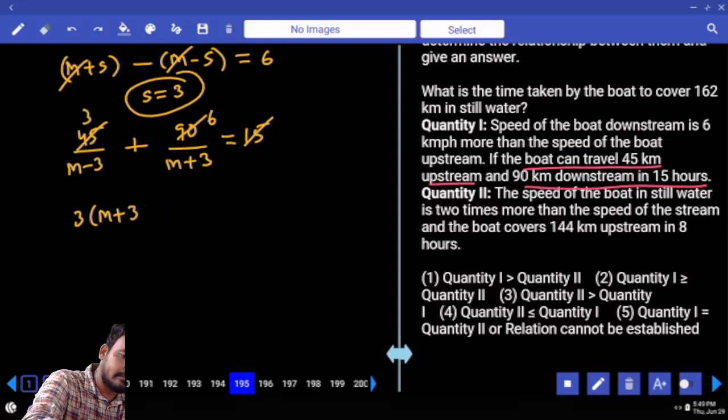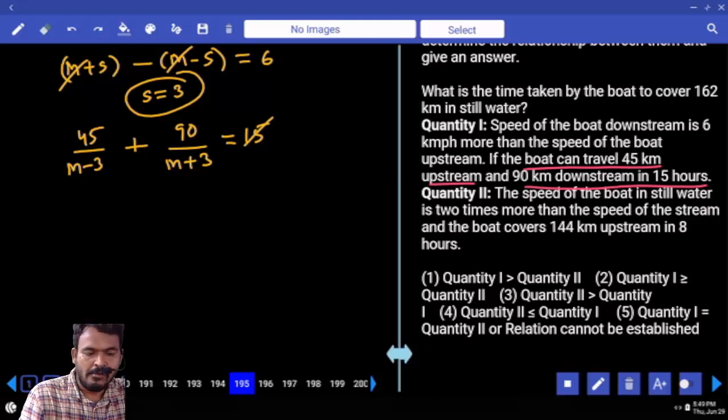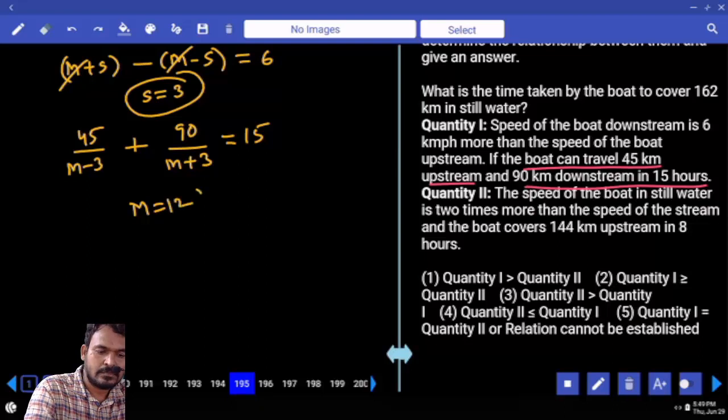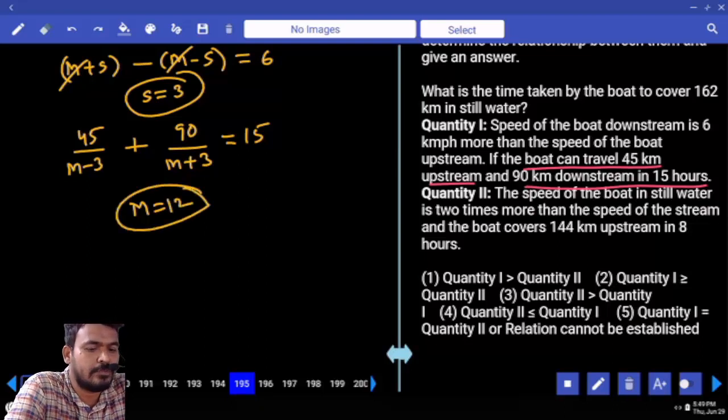Let's do verification. Take the M value 12. 12 minus 3 is 9. How many times? 5 times. Second one 12 plus 3 is 15. How many times? 6 times. 9 plus 6 is 15. M equal to how much? 12.